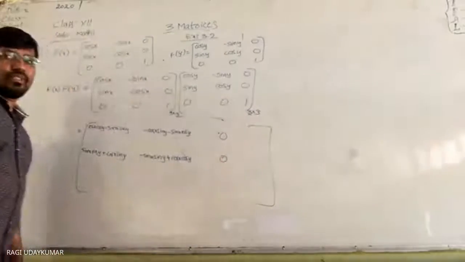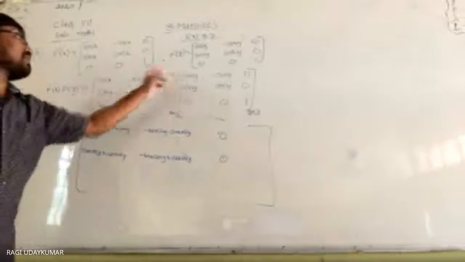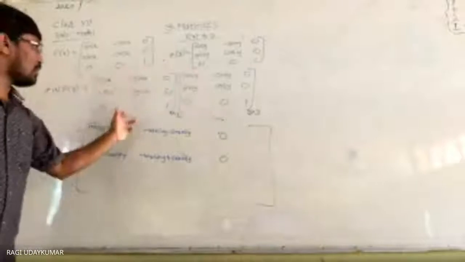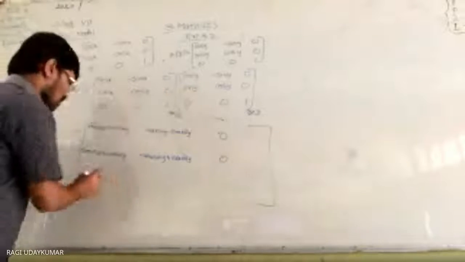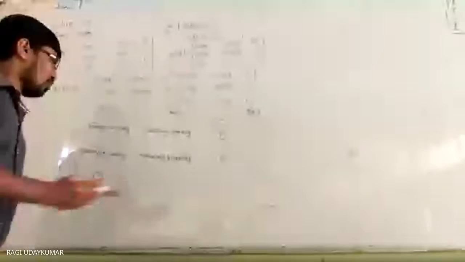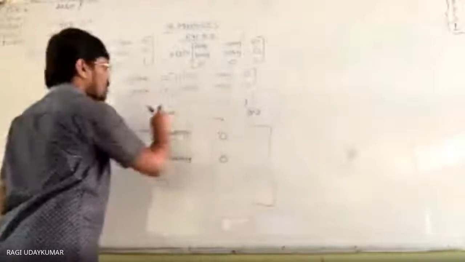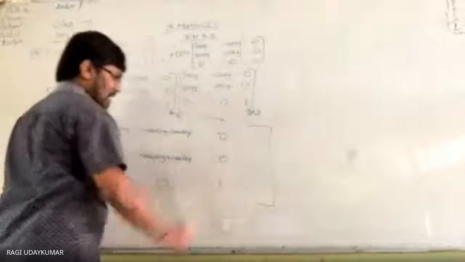Next, the third row we are having zeros, so 0 here, and 0 here. And 0 into 0, 0 into 0, 1 into 1, so 1 here.